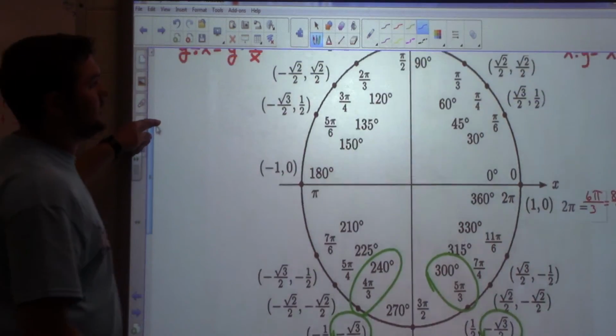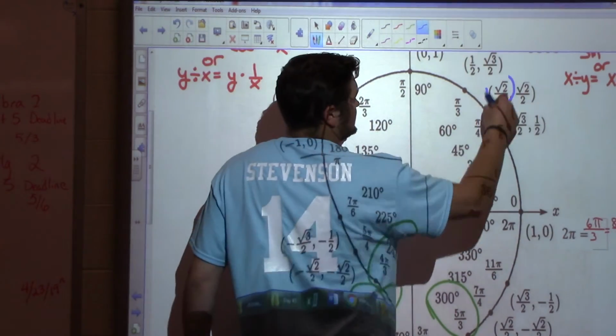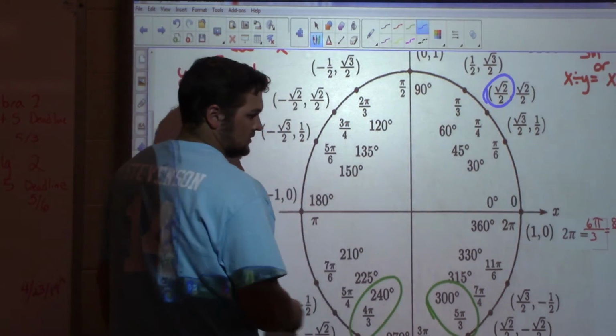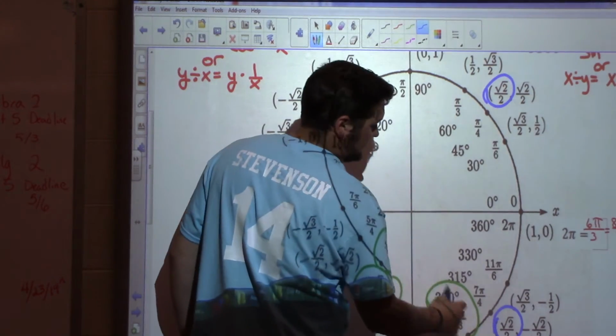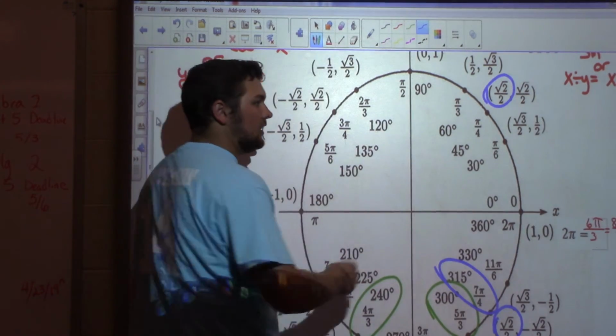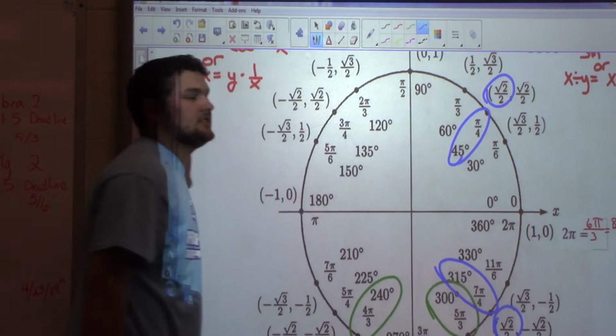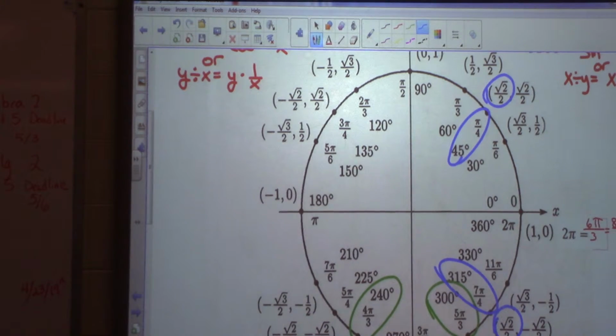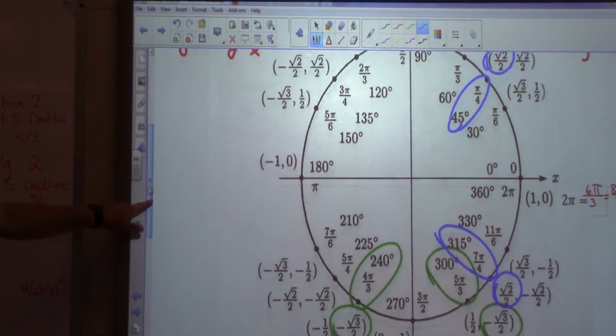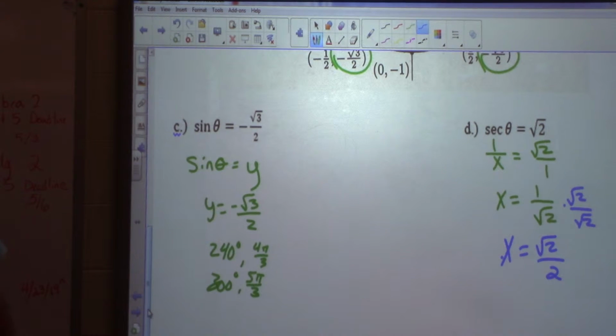If we look on here, x equals square root of 2 over 2. So 315, 7 pi over 4. 45 degrees, pi over 4. Those two we should be able to do. Those ones aren't that bad. Cotangent, tangent when they equal 1, really easy, right? Or when they equal -1. Just those other ones are a little tricky.